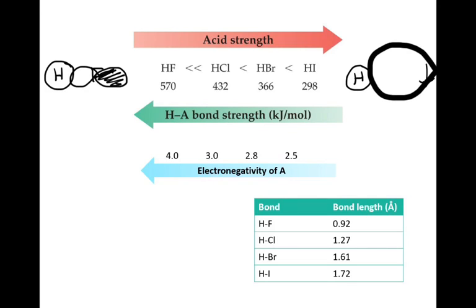That I orbital is huge. And so that means that the I and the H are not getting very close together. They can't make a strong bond because their orbitals are mismatched in size. As a result, the HI bond is much weaker, and therefore HI is a much stronger acid compared to HF.